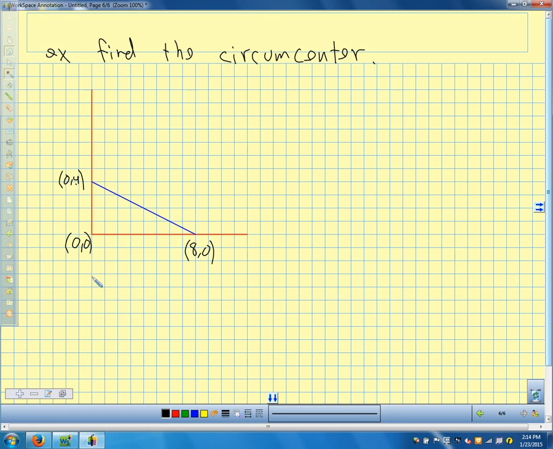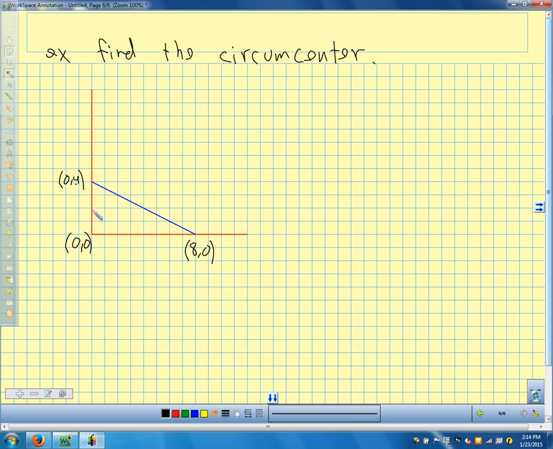All right, what do I need to draw? What do I need to construct? What do I need to do to find the circumcenter? We need some kind of bisector. What is it? Angle bisector for circumcenter? Perpendicular bisector. All right, let's bisect a couple of sides.